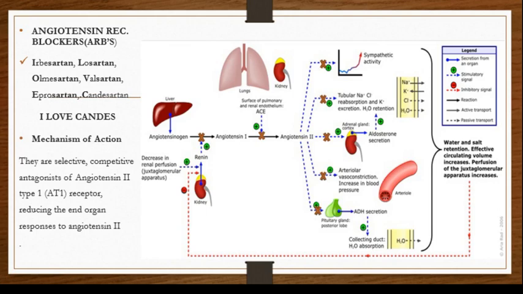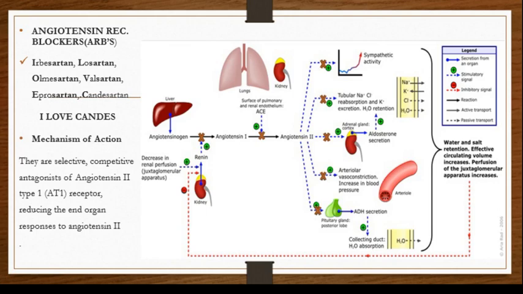So I made a mnemonic. I use this word, I hope it's appropriate: I love candies. So the I stands for irbesartan, the L stands for losartan, O stands for olmesartan, valsartan for the V, and then the candies will stand for candesartan.